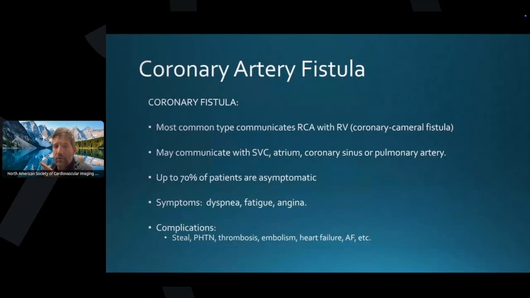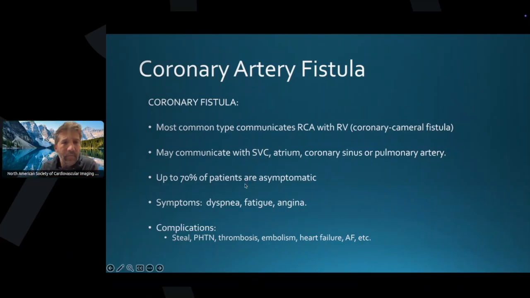That's called a coronary cameral fistula, but may communicate with the SVC, atrium, with the coronary sinus, or the pulmonary artery. In my experience, the most that I've seen have been communicating with the pulmonary artery and with the SVC actually, and I haven't seen that many with the RV itself.